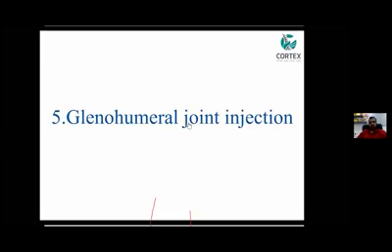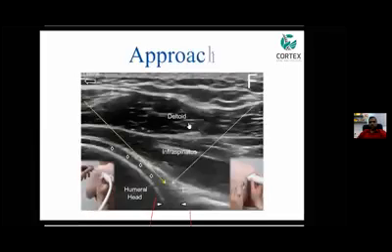For glenohumeral joint injection, if it is a thin patient, we can do it with the same linear probe we use for other structures, but for an obese patient we require a curvilinear probe. Here you can see the glenohumeral joint, this is the labrum, here the humeral head, and this black thing is the cartilage. You will be entering either from lateral to medial or from medial to lateral.